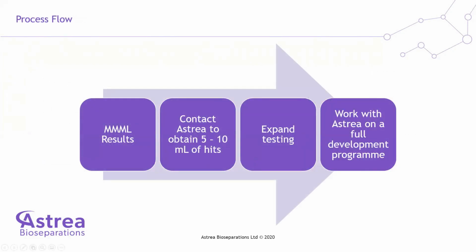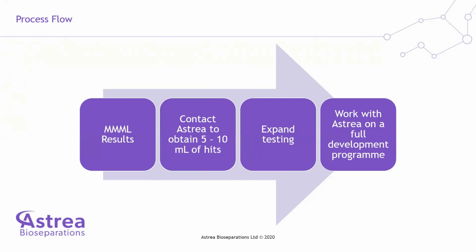So to summarize essentially the next steps following the screening of the MMM plate, you obtain your results, then you get back to us, you contact Astrea, and you can obtain a relatively small sample of each one of the adsorbents that you would like.